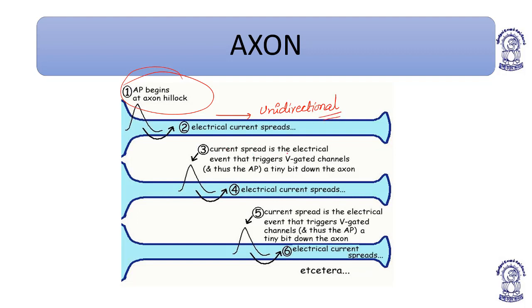The current spreads, the electrical event that triggers voltage-gated channels, and thus the action potential a tiny bit down the axon. The electrical current maintains the flow of charged ions to open the channels, and these channels are ion gated. Understood?